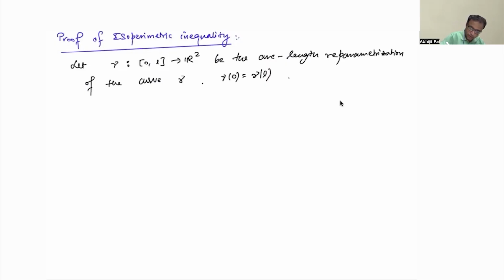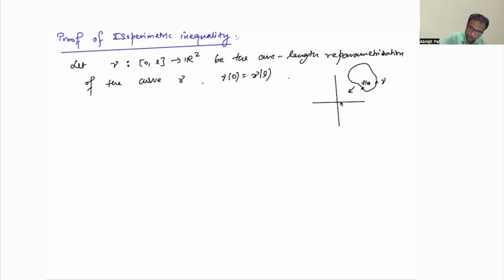So now, in R2, we have this simple closed curve gamma. Suppose this is my gamma. Now what we can do is apply a translation. Suppose this is my gamma(0).